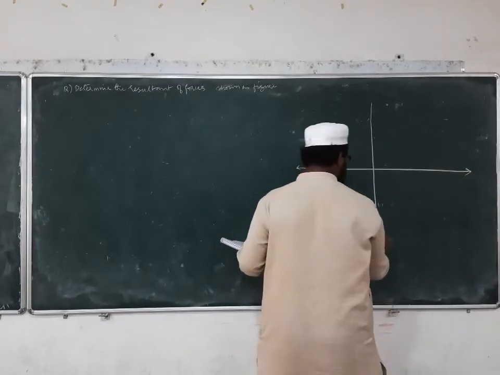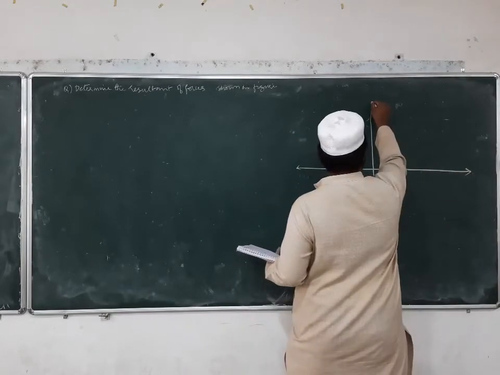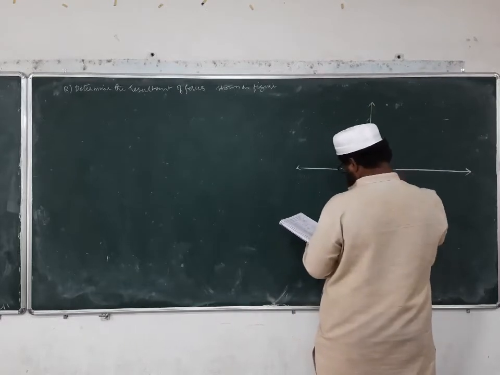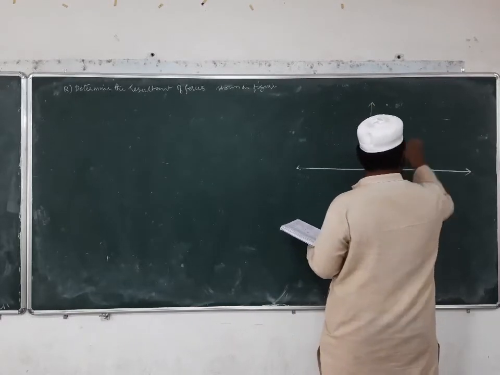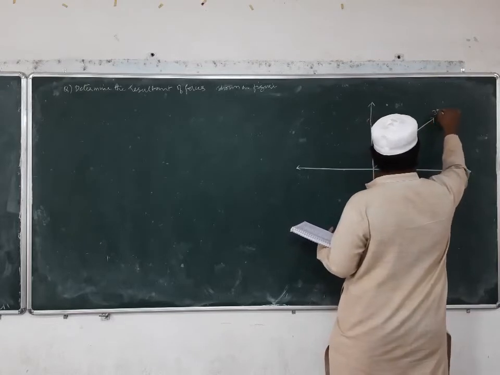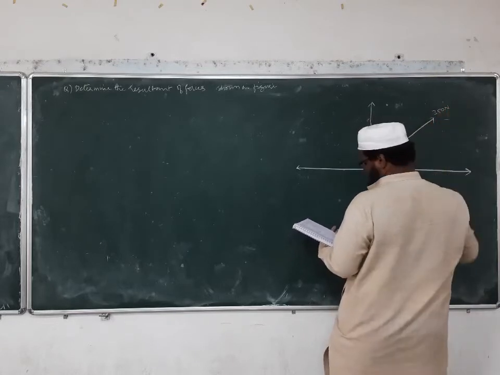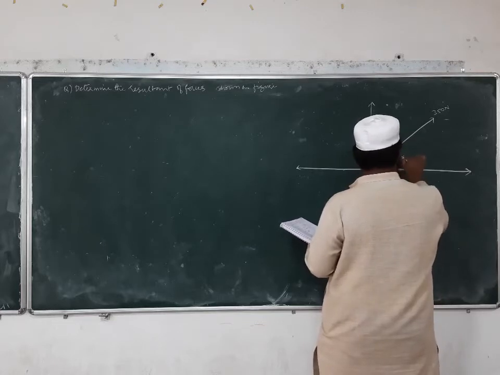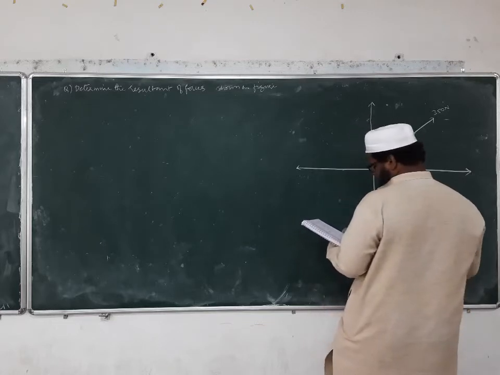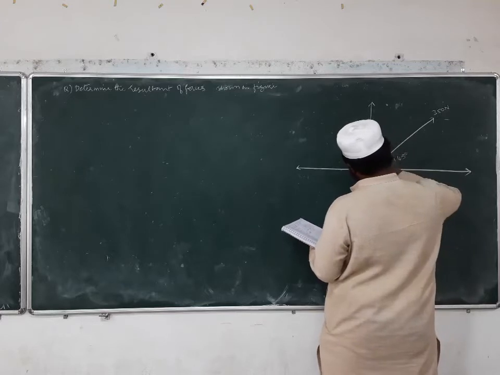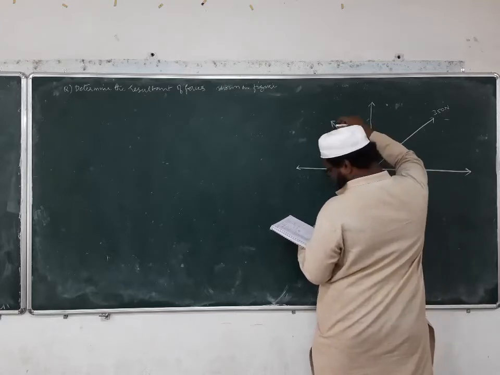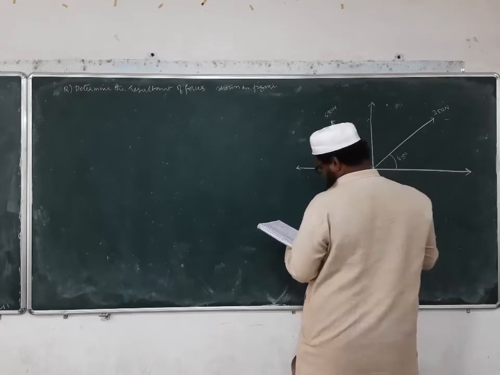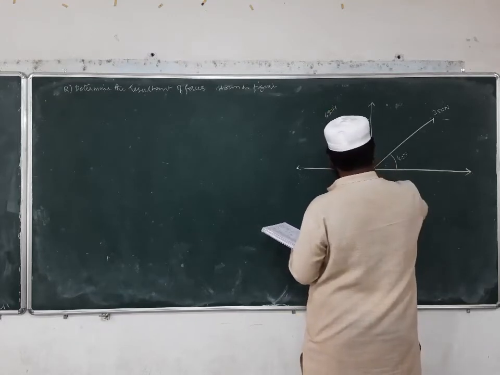Totally 4 forces we have. One is 350 newtons at an angle of 45 degrees. Then we have one more force, that is 650 newtons at an angle of 60 degrees.